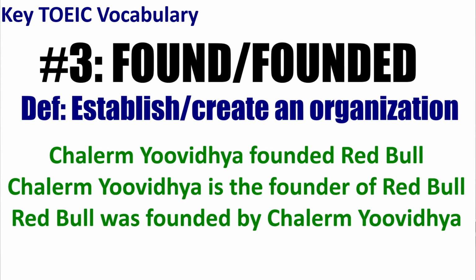Or Chaleo Yoovidhya, my pronunciation is terrible, but he developed the drink and founded Red Bull in 1976. So he established this company. Now in passive voice, we could say Red Bull was founded by him in 1976. So found, founded, founded is different than find, found, found.